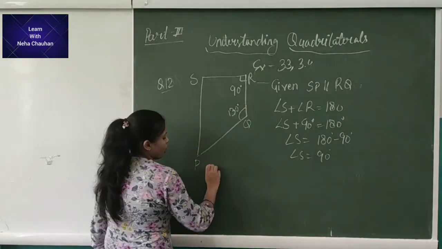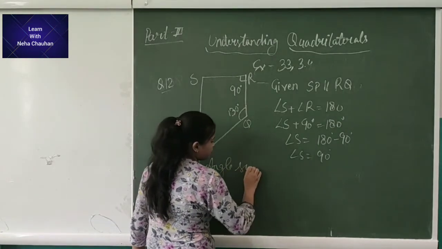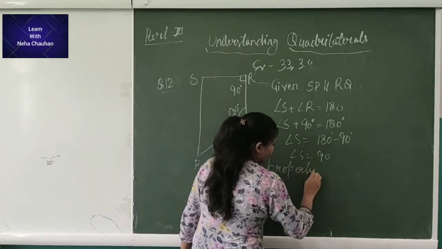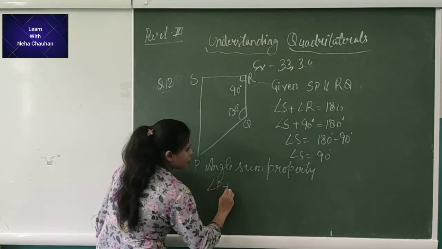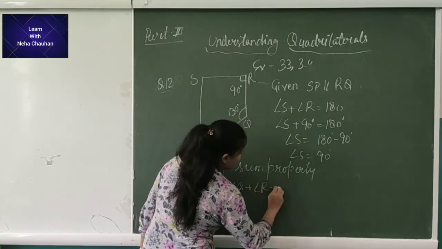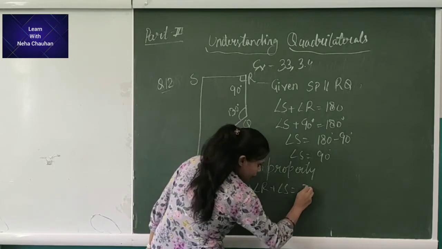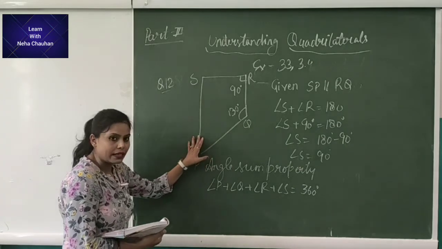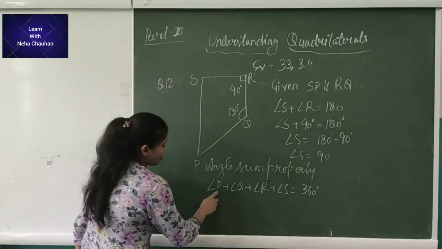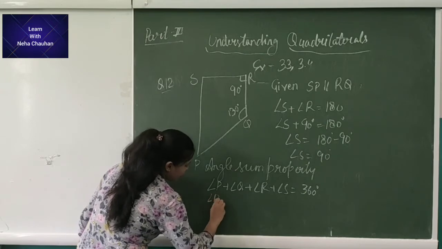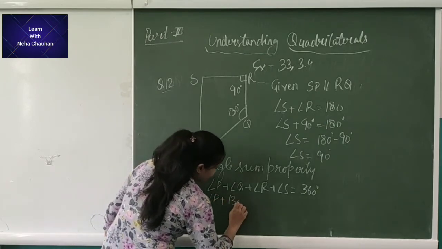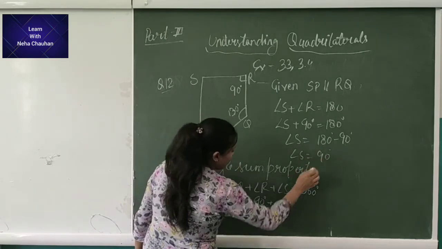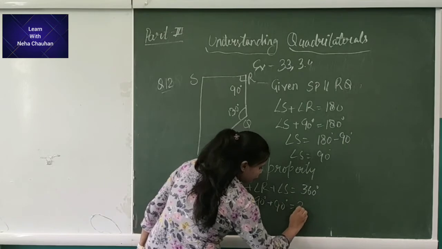Now, we will find angle P. So according to angle sum property, we have angle P plus angle Q plus angle R plus angle S is equal to 360 degrees. We know that the sum of all interior angles of a quadrilateral is 360 degrees. So angle P we don't know, we will write it as it is. Angle Q is 130 degrees, angle R is 90 degrees and angle S is also 90 degrees, right?